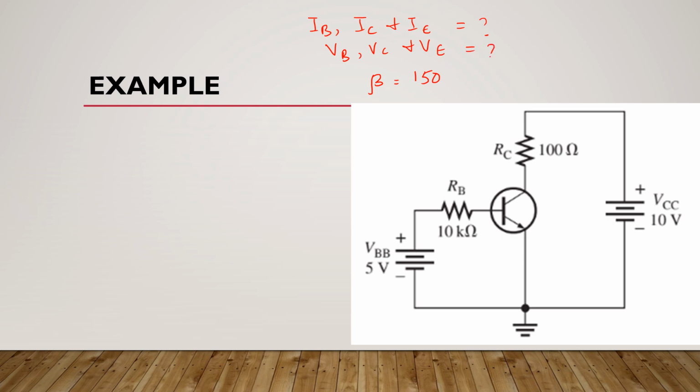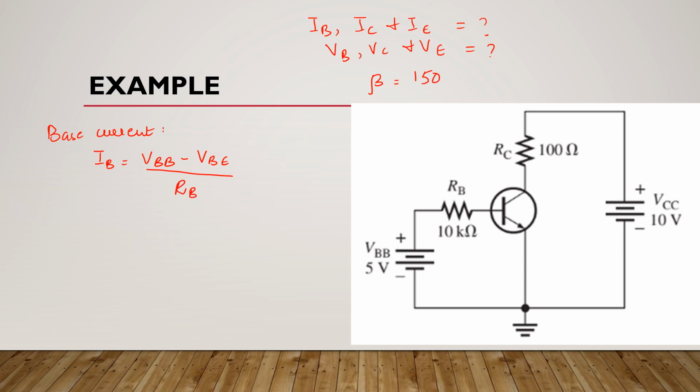First, we will find base current IB using the formula VBB minus VBE divided by RB.